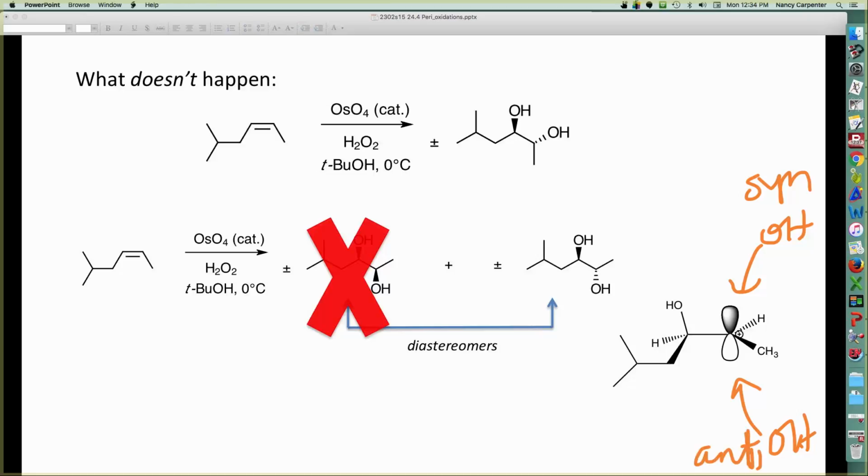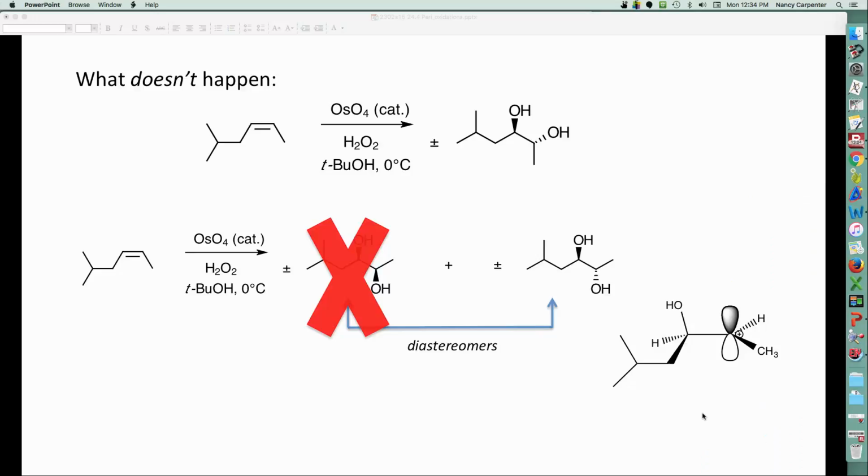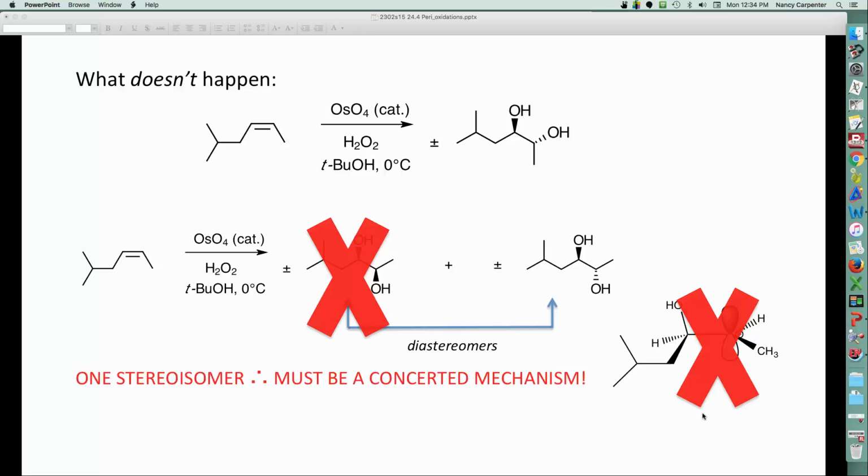Well, if that carbocation intermediate was formed, we would expect to see both stereoisomers, and we don't. So that implies that that carbocation intermediate is never formed, and that's part of the experimental evidence that proves to us that this must be a concerted mechanism.